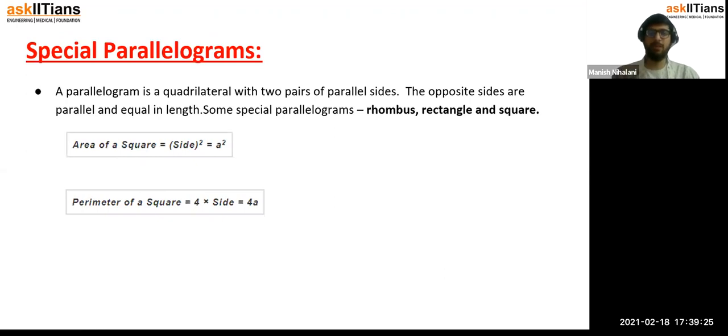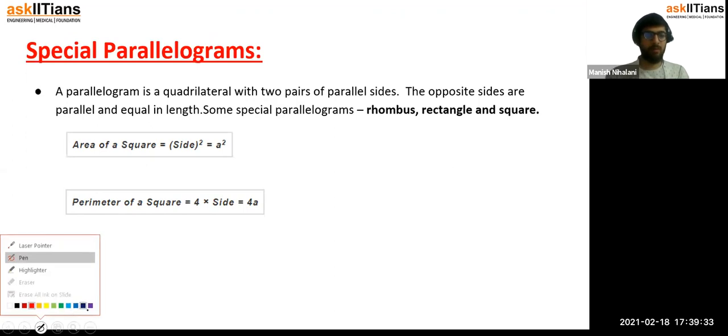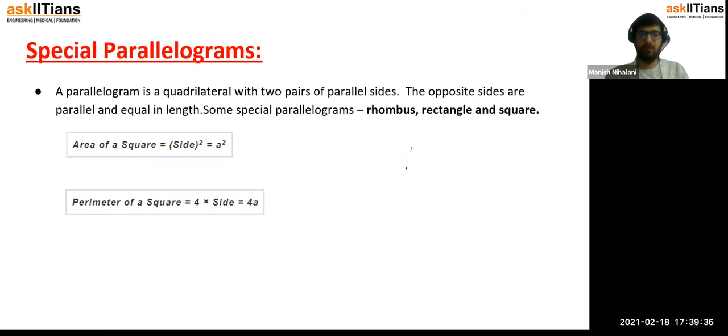Now what do we mean by special parallelograms? Before we talk about special parallelograms, let's recall what parallelograms were. I hope you all remember that a parallelogram is a quadrilateral with opposite sides parallel and equal. So if ABCD is a parallelogram, then its opposite sides are equal and parallel.